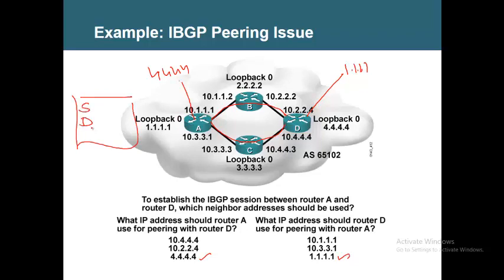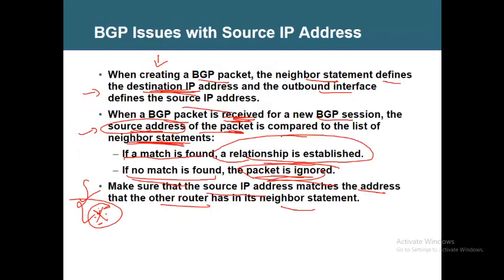The destination address will be 4.4.4.4, isn't it? The neighbor statement address will be the destination. According to what we learned, the destination IP address is the address in the neighbor statement. But the source address is the outbound interface. Yes? So what will be the source address?